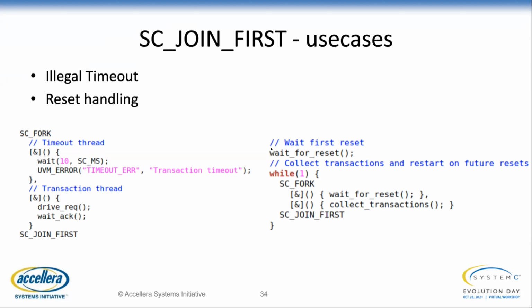And what I usually do, I wait for the first reset in the simulation, and then I start a forever loop where I wait for reset in parallel with collecting transactions, and every time a reset appears, it kills the collect transactions thread, and the loop starts over, spawns again the two threads in parallel.